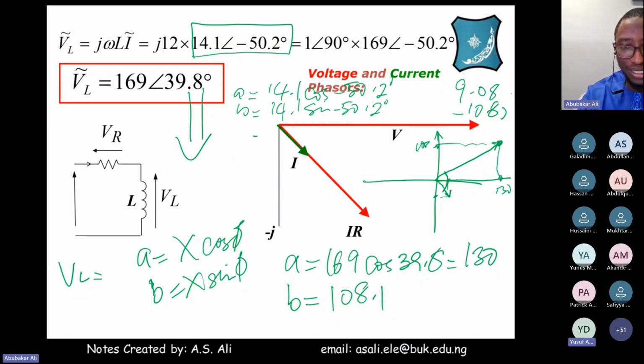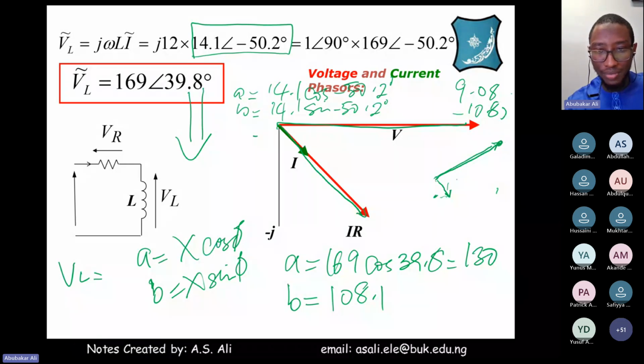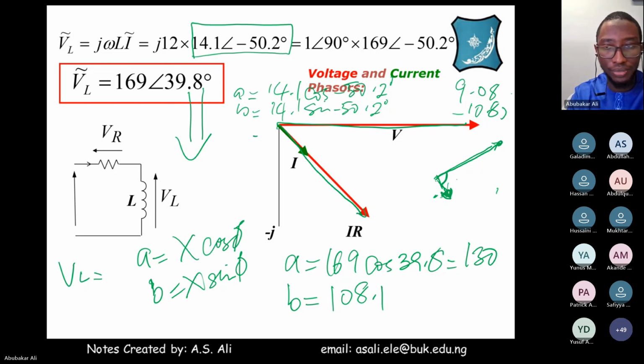If you twist this, you will end up with something like what you saw here. So if this is V, I is lagging because it's starting a little bit late. And the angle tells you by how many degrees it is lagging V.